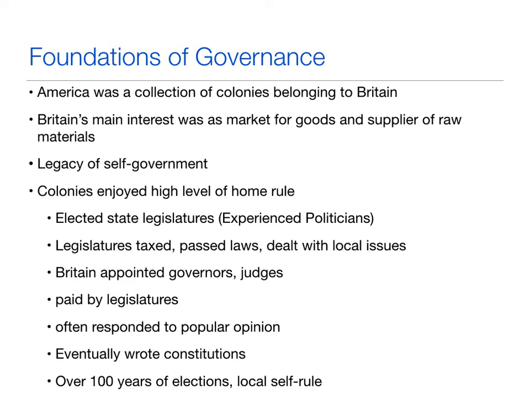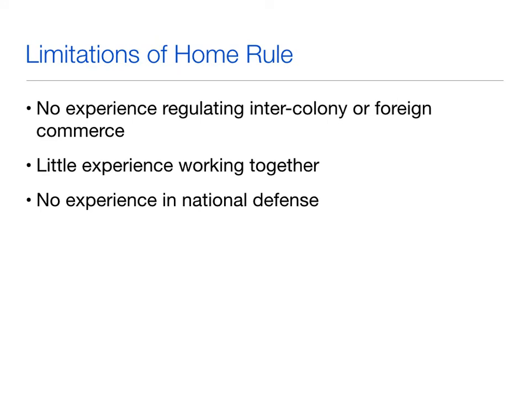And by the time we get to declaring independence and eventually forming our own system of government as a new nation, each of these 13 colonies has over a century of elections and local self-rule, which is going to prove really important in trying to understand why the Articles of Confederation looked the way they did, why it was designed the way it was, and which also explains why we had the problems that we did. Now, while home rule worked in a lot of ways, it had serious limitations.